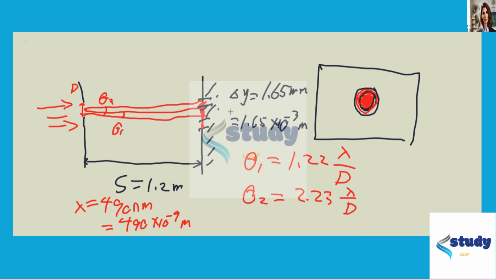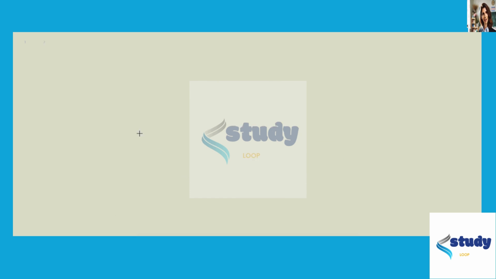So let's calculate and find out the relation between all those numbers. As I said just now, we have the two angles like this. Remember that this is delta y, this is theta 1, and this is theta 2.